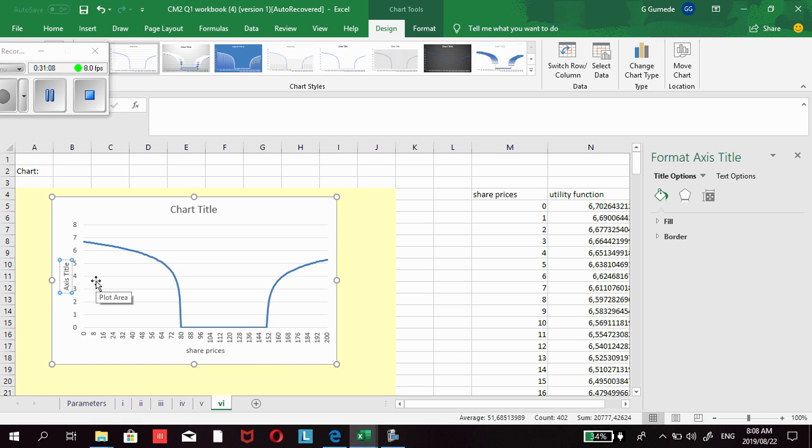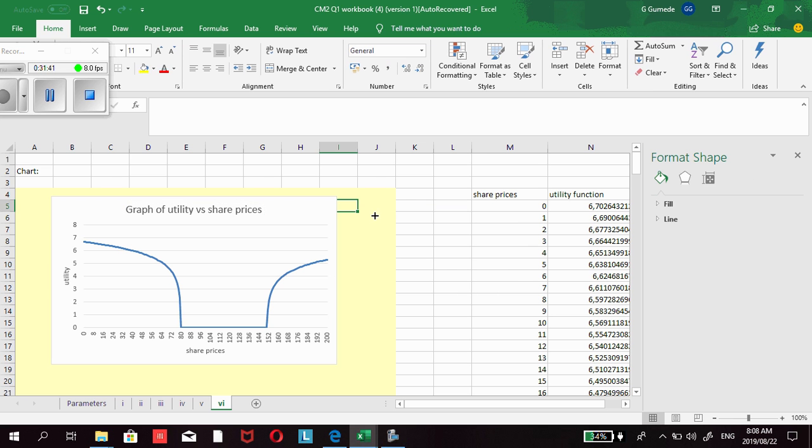Then I'm going to give this a title: graph of utility versus share prices. Okay, this is my graph. Looks beautiful, you see. Now I'm done.